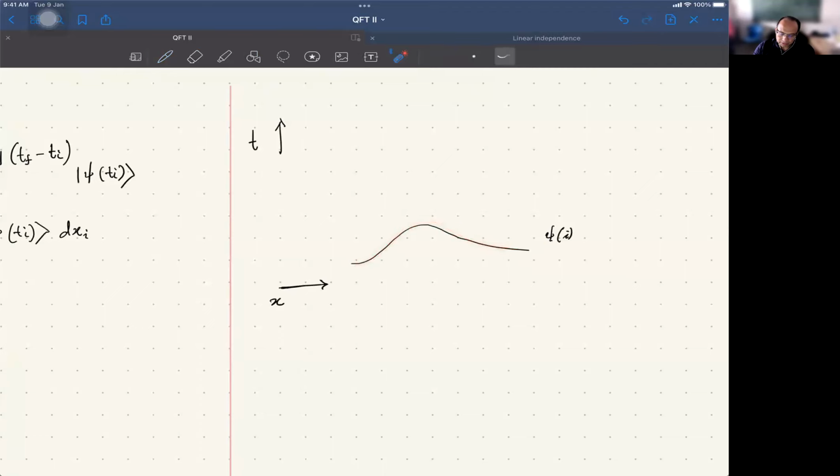I'm drawing this at a particular time slice, that is t_i. That is the meaning of this picture.